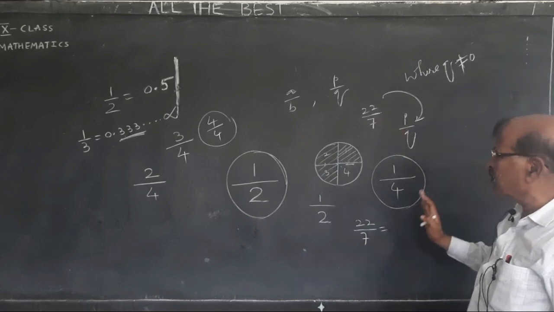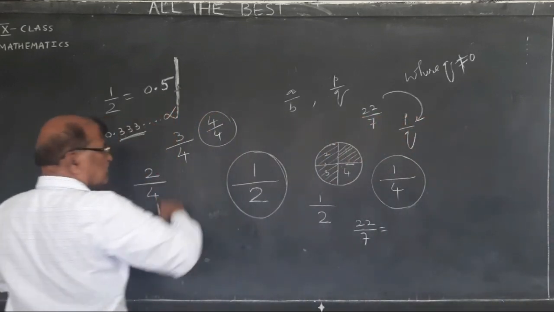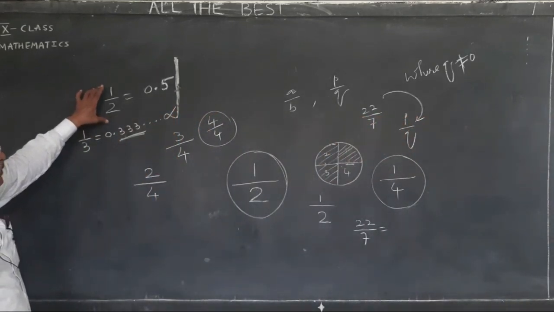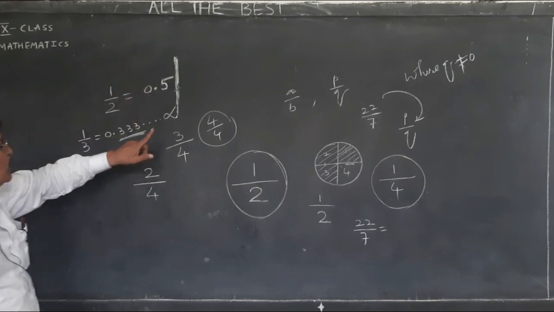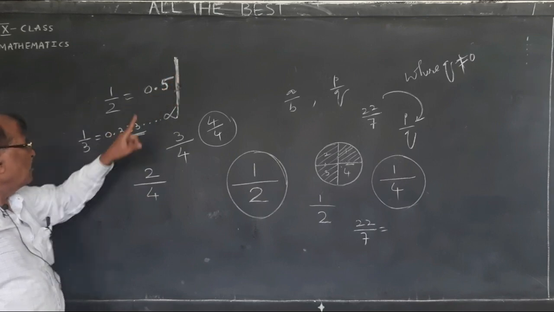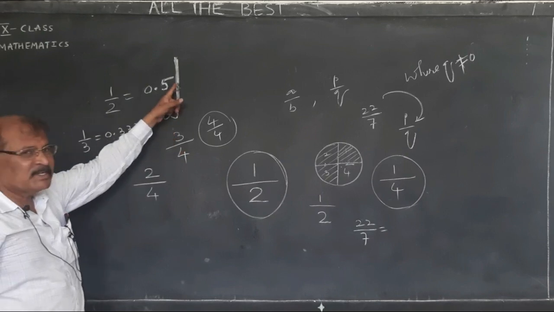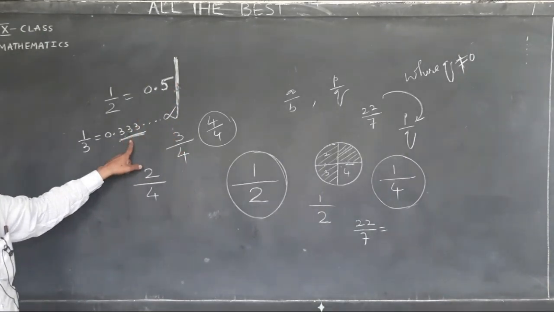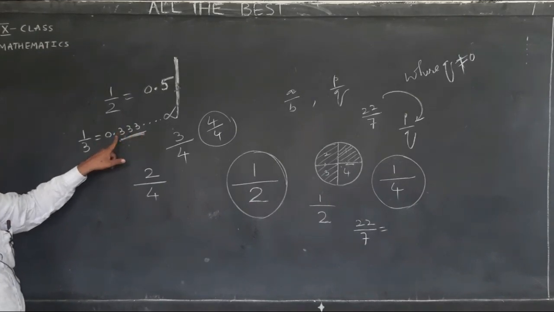So we should prefer to take the definition in terms of decimal notation. A rational number is a decimal number which is either terminating or non-terminating. Here the decimal must be recurring. There must be some pattern.